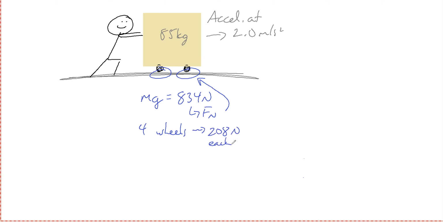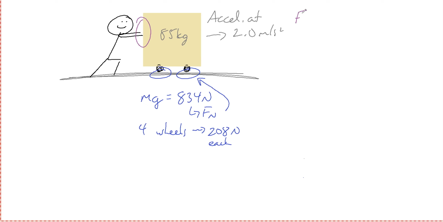Another really common place for normal force on this box is another place where there's contact between surfaces, and that would be right here. The guy is pushing on the box, so there's normal force between his hands and the box. His pushing is causing the F equals ma, causing the box to accelerate.